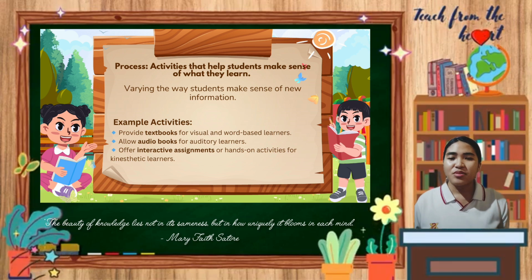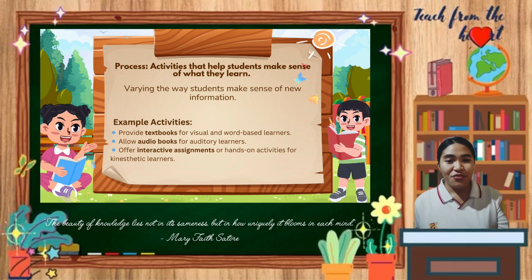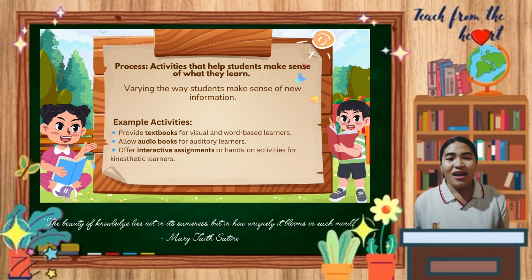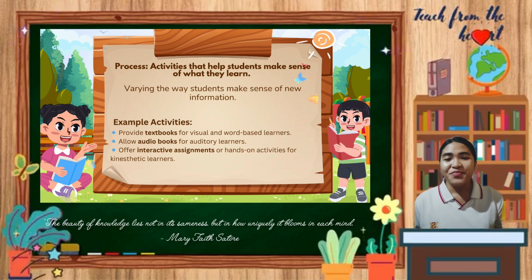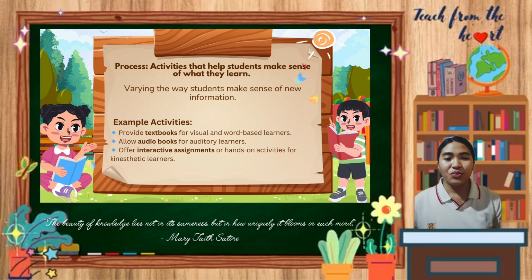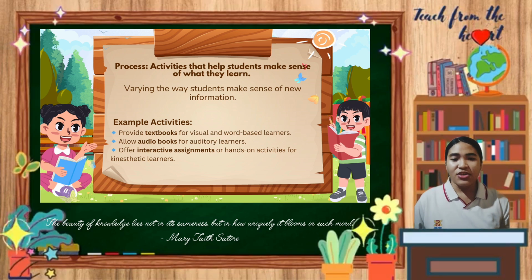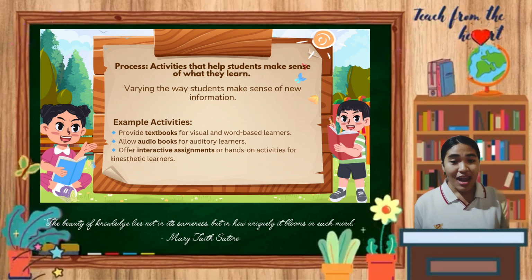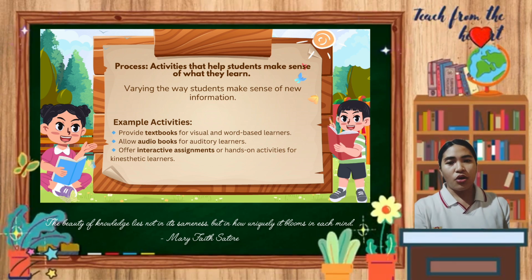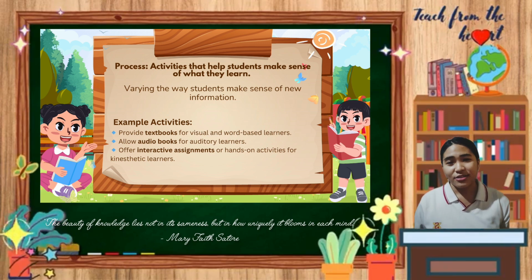Example activities: first, provide textbooks for visual and word-based learners. Second, allow audiobooks for auditory learners. Next, offer interactive assignments or hands-on activities for kinesthetic learners. So those are the two areas of differentiation according to Carol Tomlinson.